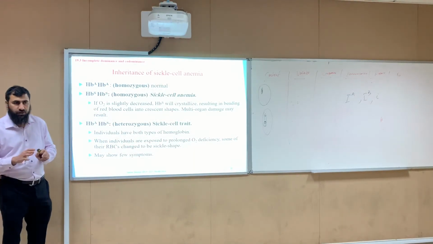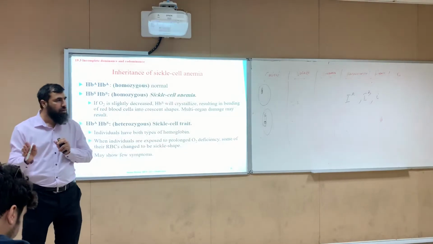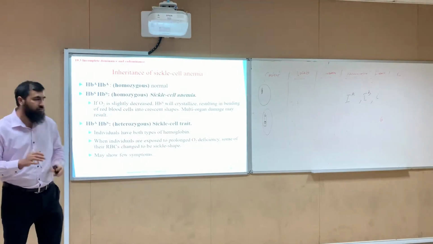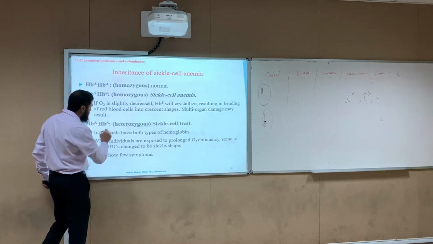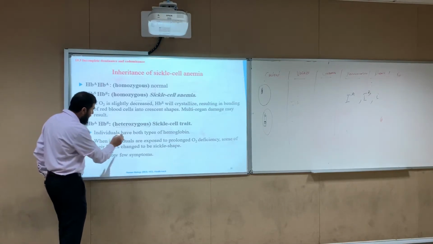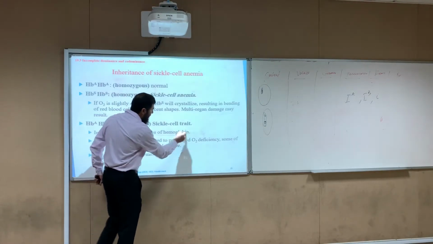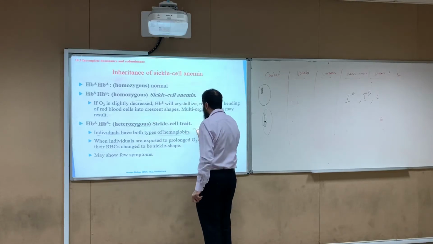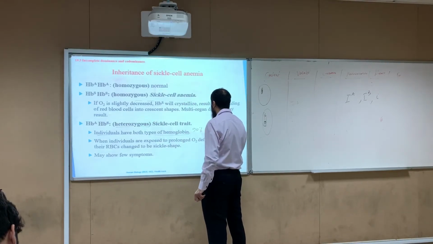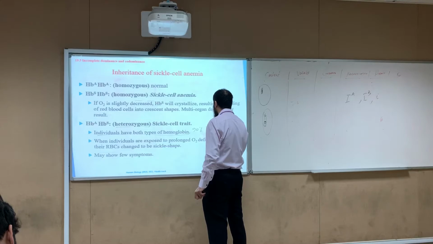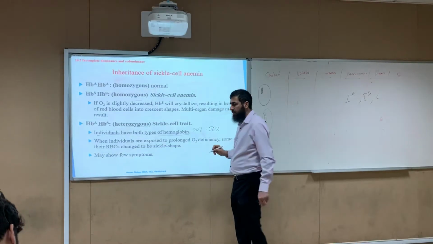Both hemoglobins, the normal and the mutated hemoglobin, are 50-50.